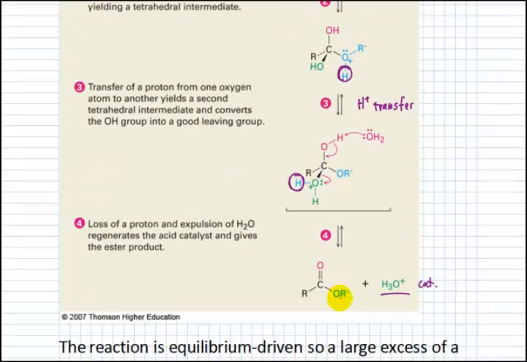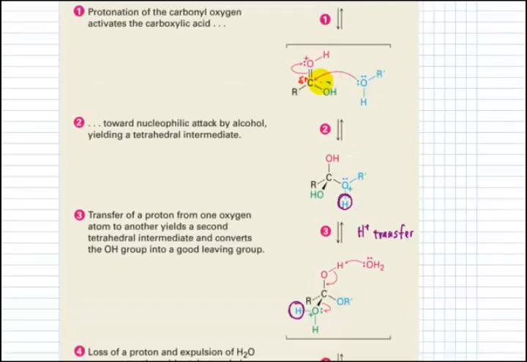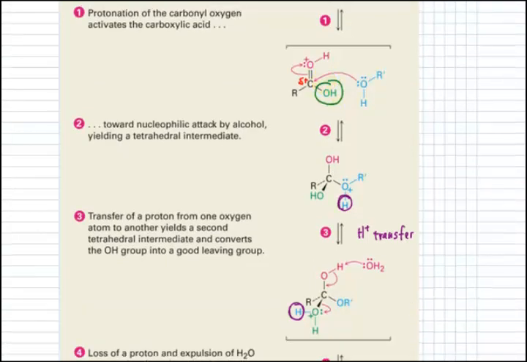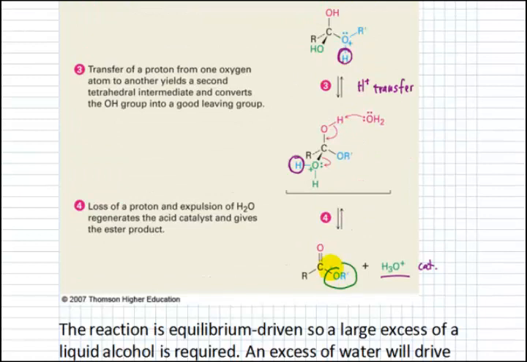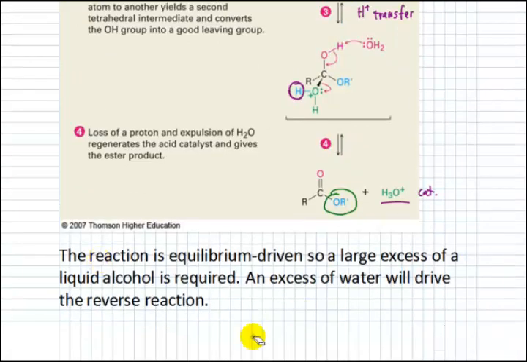So we have replaced the OH in the original starting material, take a look up here, with the OR from the alcohol. Like we said, it's equilibrium driven. A large excess of liquid alcohol is required, and you essentially reflux them together. If we were to have an excess of water, that would be the reverse reaction. So we'll talk about that with esters. Esters can be hydrolyzed with water back to carboxylic acids with a little bit of acid catalyst.